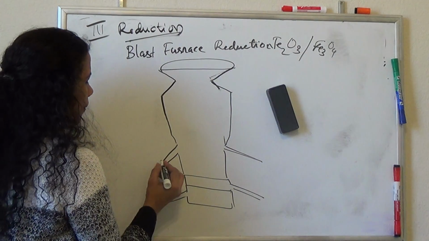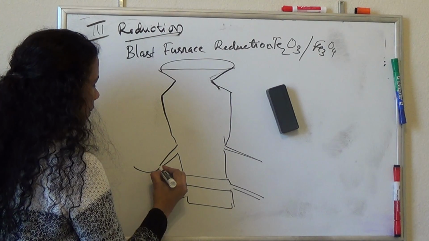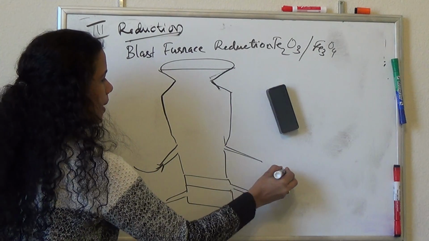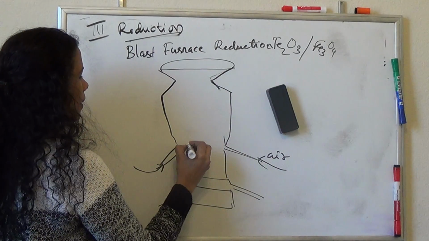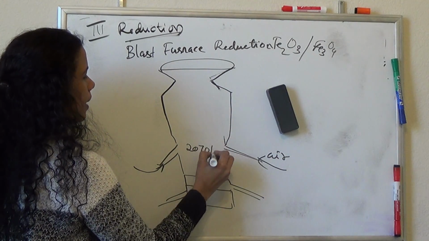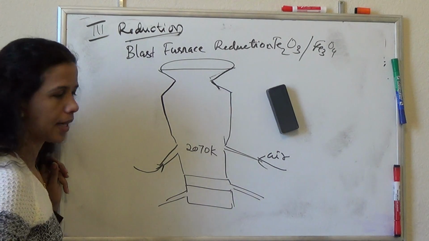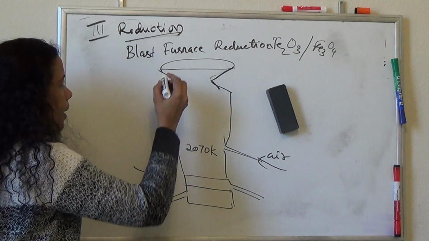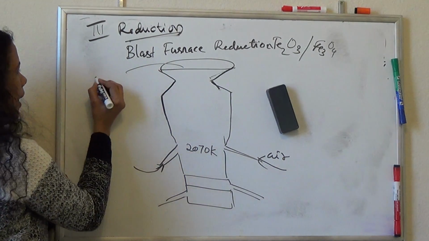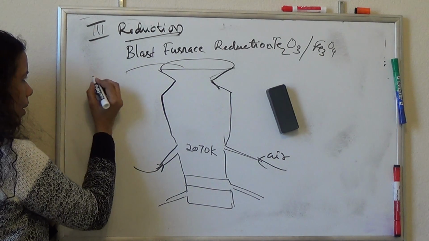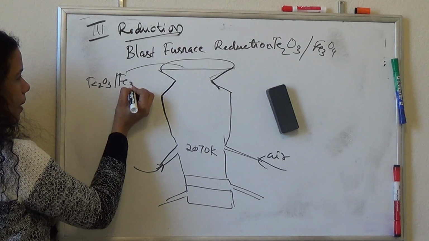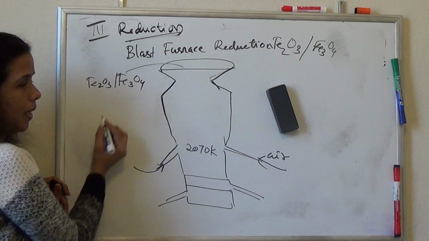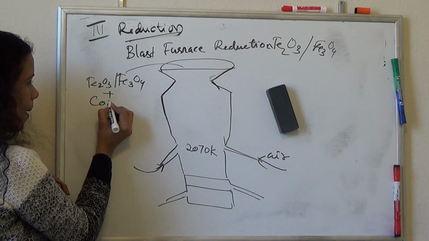From the bottom we pass air at a very high temperature, almost 2700 Kelvin. From the top we add powdered ore, that is hematite or magnetite, mixed with coke.